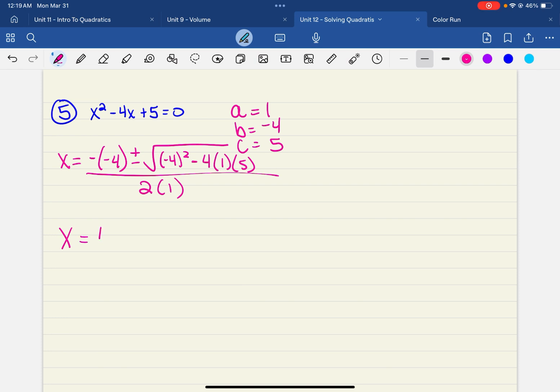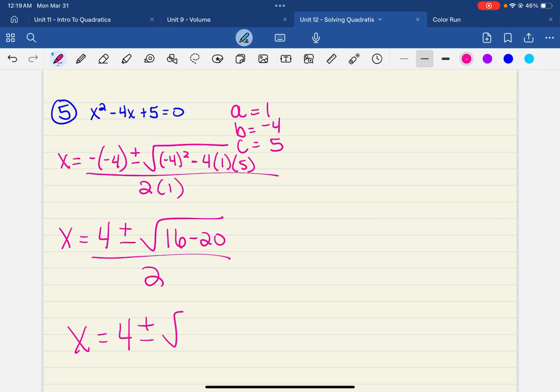So X is equal to 4 plus or minus square root of 16 minus 20, all over 2. Keep simplifying. X is equal to 4 plus or minus the square root of -4 over 2.